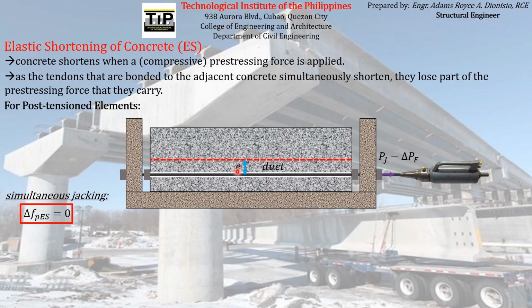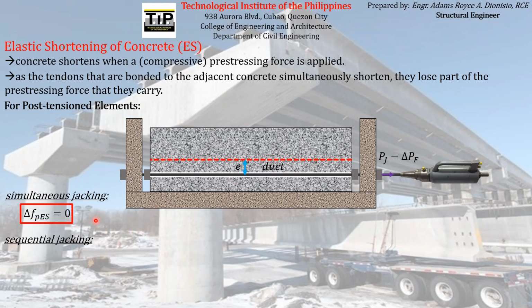Although if the pre-stressing reinforcements are jacked sequentially, there will be an effect by the phenomenon of shortening of concrete as the pre-stressing force is being experienced by the pre-stressing reinforcement at this particular stage of the post-tensioning operation.